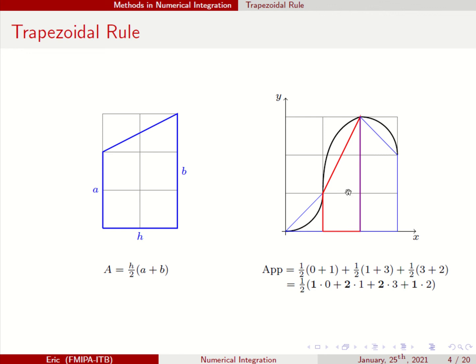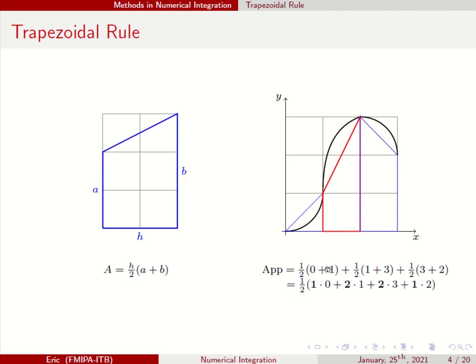What about the second one, the red one? A half times 1 times the summation of 1 plus 3. And the last one, a half times h is 1, times the value of f at this one is 3, and the value of f at this one is 2. So you have 3 plus 2.